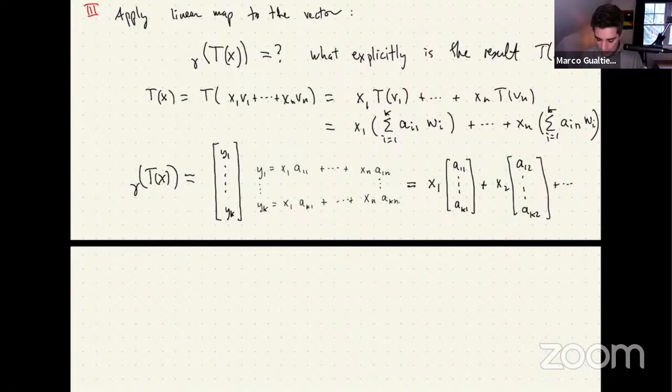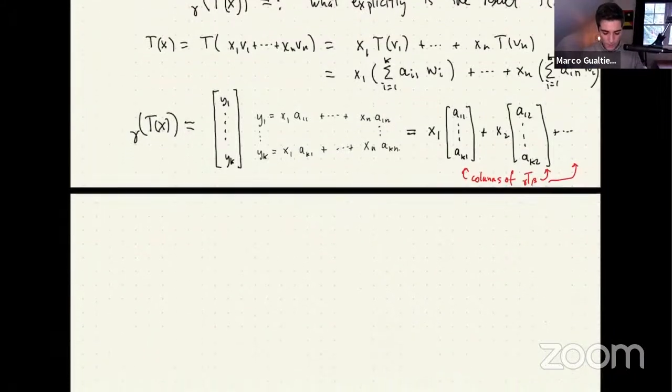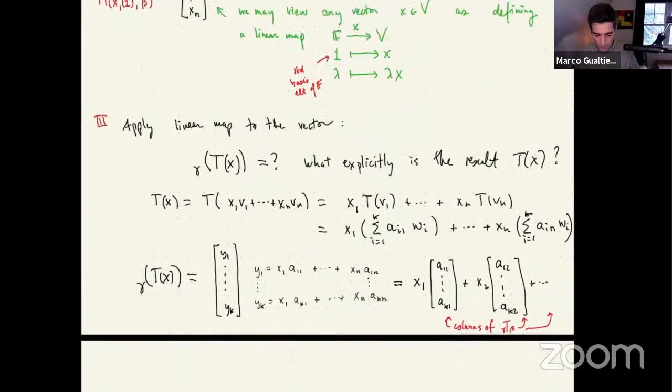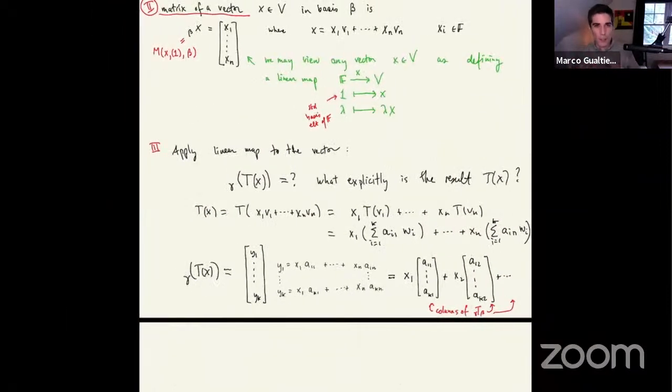And these here are the columns of T beta gamma. So far everything is, you might get confused by the indices or whatever, but the idea is quite simple.